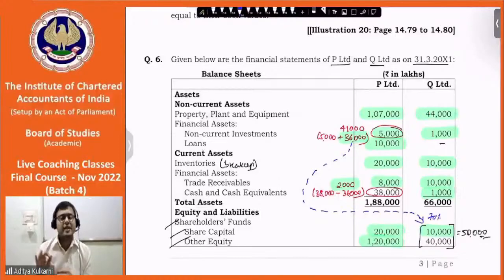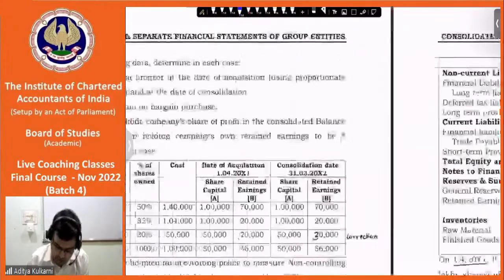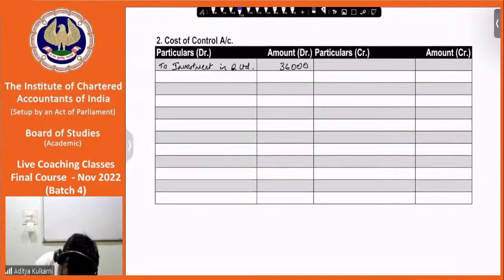And that is why we have to remove this. Okay. So coming to my question, by equity share capital.